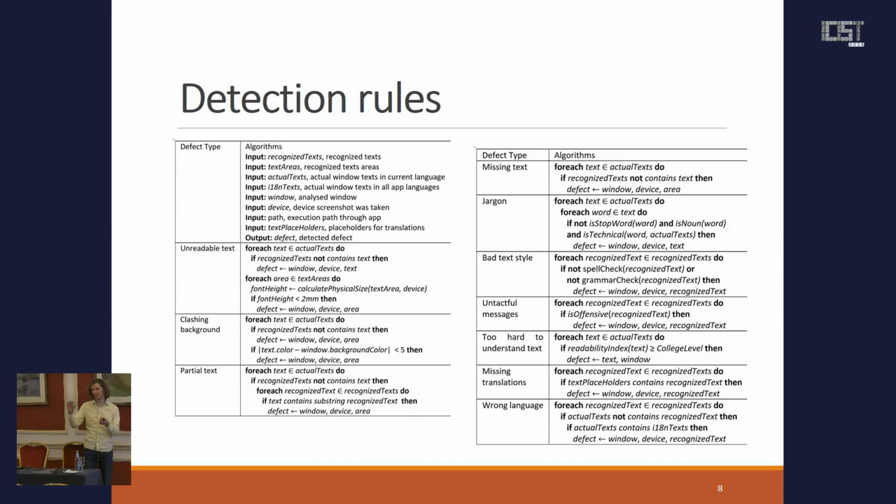We measure the text from the screenshot and multiply by the device screen density, and we get a physical measure, like the text on the application screen was 2 millimeters high. Is it readable? Probably not. It's too small.